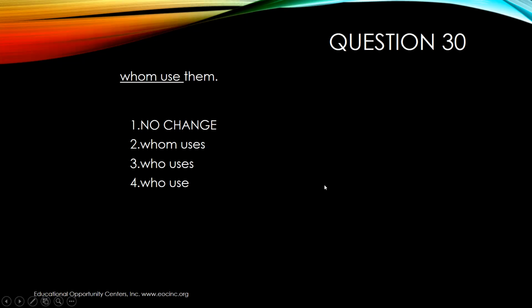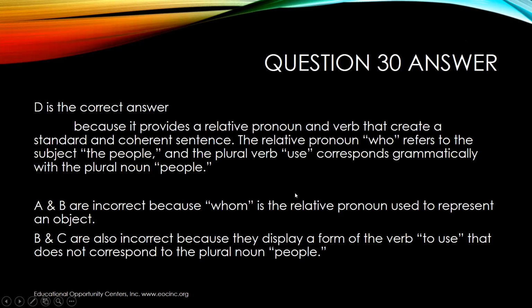Carolyn, we have B and, I'm sorry, wait a minute. We have C and D. Correct answer is D, who use them. Definitely makes the right answer.